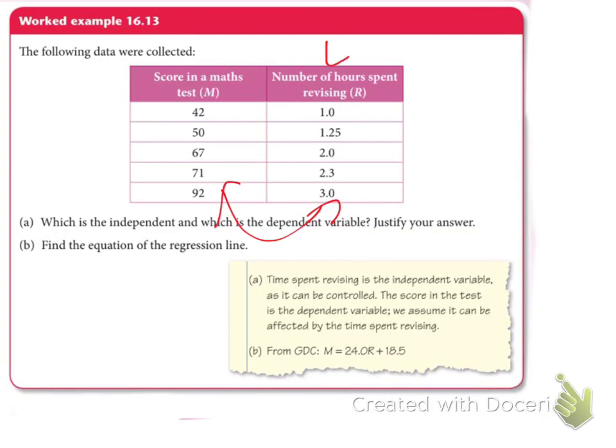So list 1 and list 2, and then you go to line reg. Make sure you clear your list, guys. It's very important. It's also very important that you have your diagnostic on. I drew a blank, let me take a look at this. Now I figured it out. So make sure you have your diagnostic on. It's always a good idea to go to your catalog.